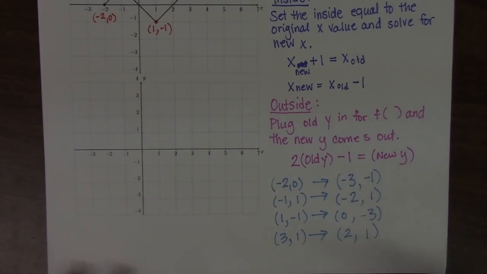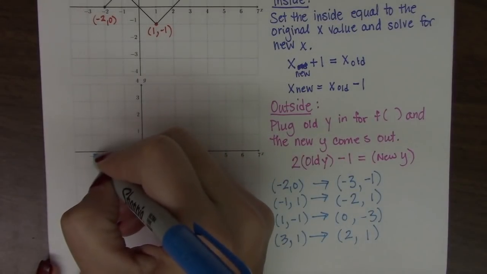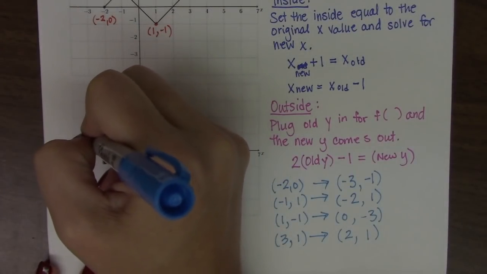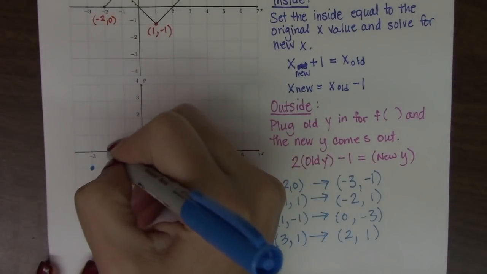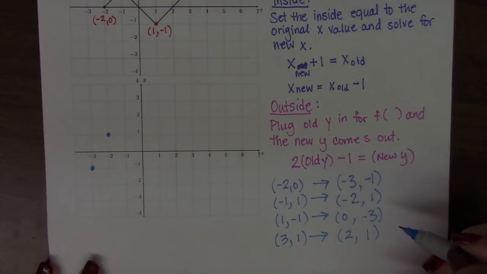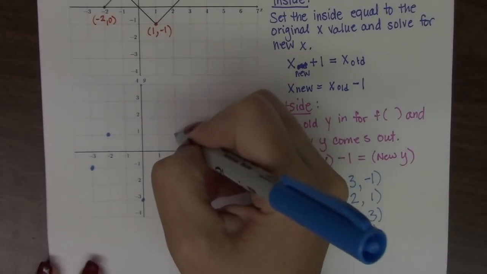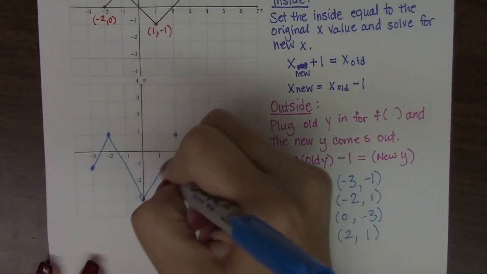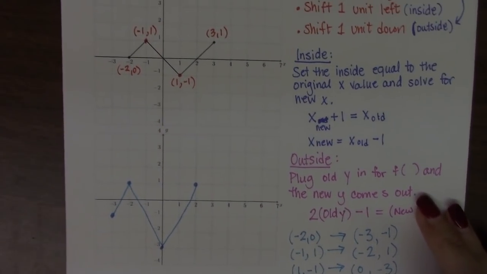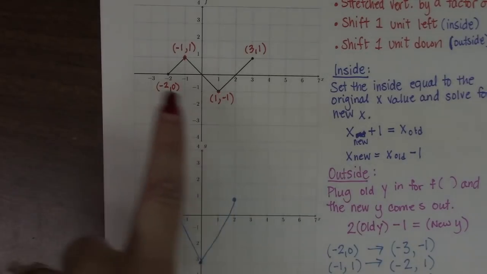So now if I plot these new points and connect my dots, I should end up with my graph. So (-3, -1) is here. (-2, 1), (0, -3), and (2, 1). And when I connect my dots, I can actually compare these two graphs now, and I can see that every x value shifted over 1 point from the original graph.